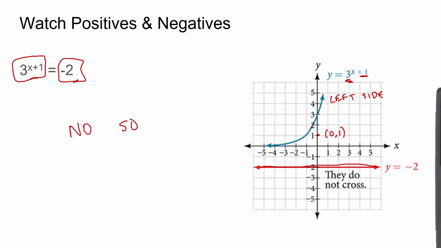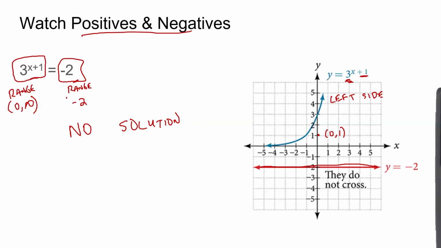So sometimes that's just the way it breaks, you know? And particularly here, it says watch your positives and negatives. This top has a range of 0 to infinity, right? And this one has a range of -2.